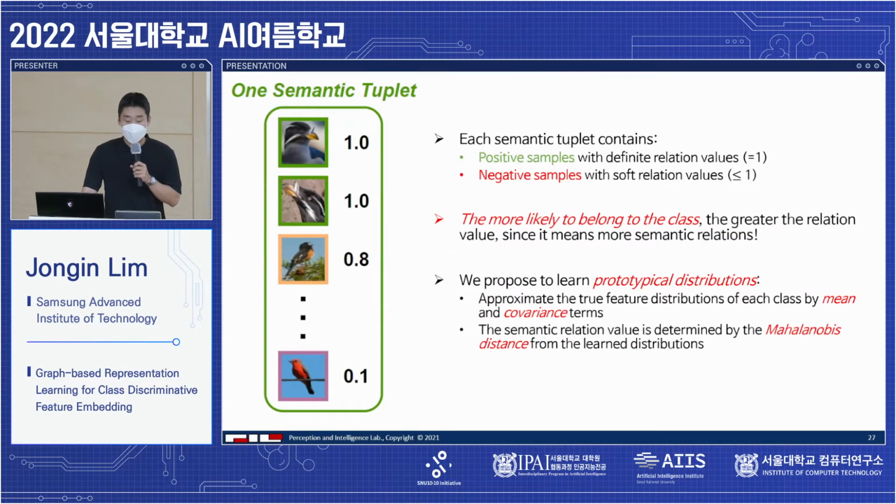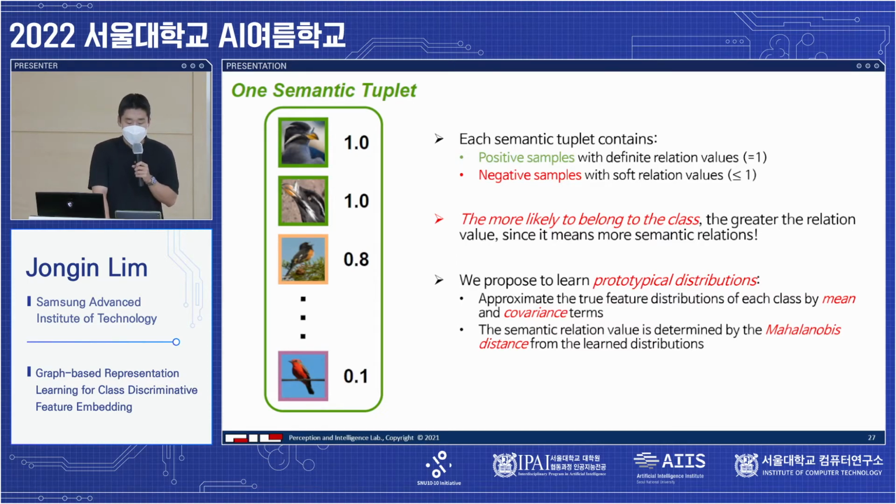Inside the semantic tuplet, it consists of mini-batch samples with different relation values. Positive samples have definite relation values, and negative samples have soft relation values based on their likelihood of belonging to the class. We designed that the more likely to belong to the class, the greater the relation value, since it means more semantic relations.